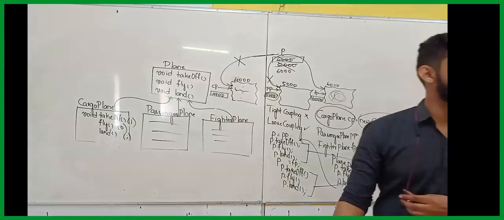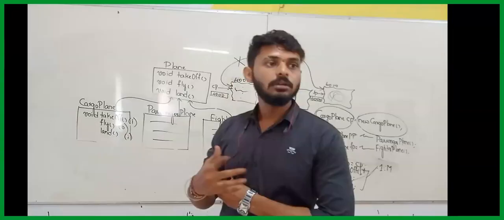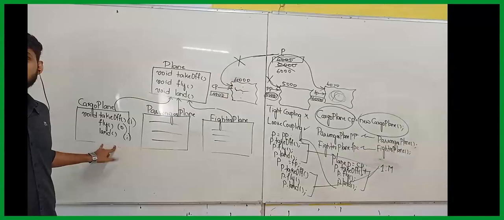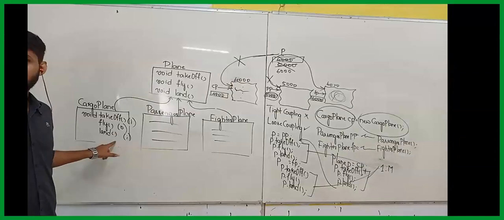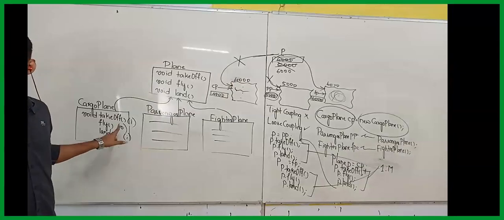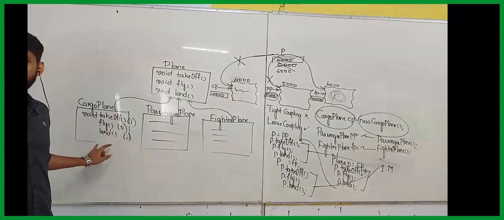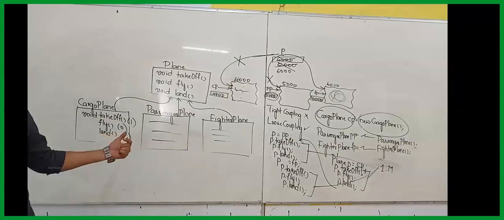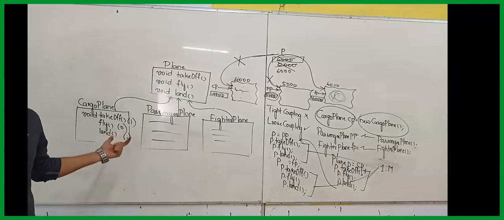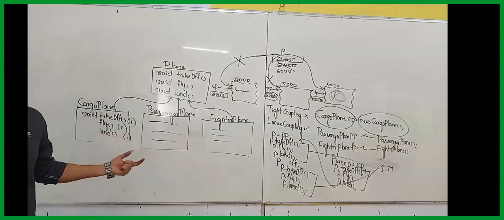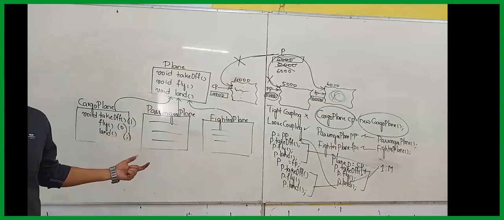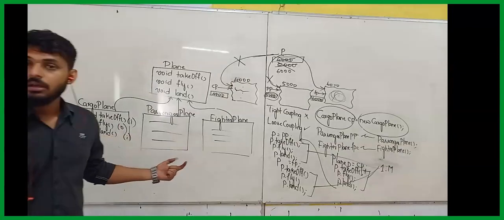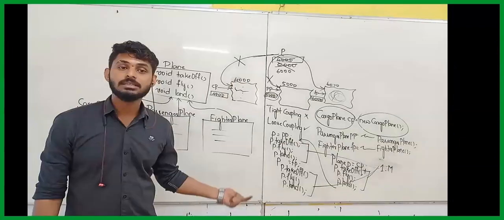But do not use specialized methods. In the previous plane program, we considered carry cargo, carry passengers, and carry arms. Those were specialized methods that you should not use here. Getting my point? Yes or no? Then how to deal with specialized methods, sir? How to deal with specialized methods, I'll tell you. But till here, is that clear?